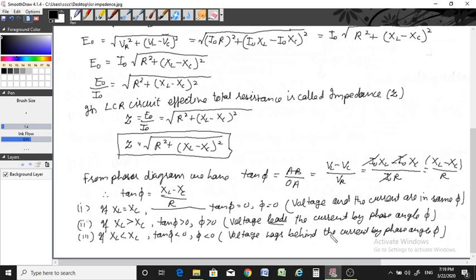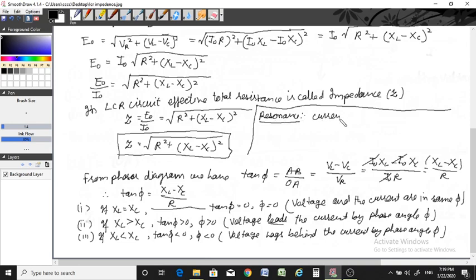Now one more point, which is resonance. It is an important point in this LCR circuit. It means that current is maximum if impedance Z, the net resistance, is least.